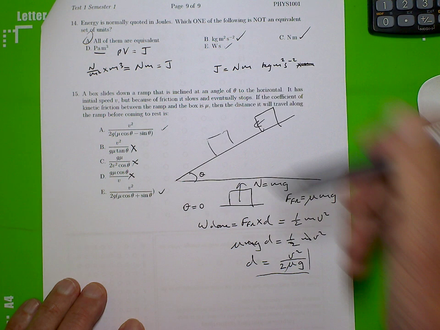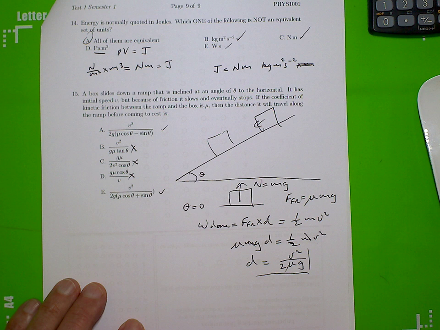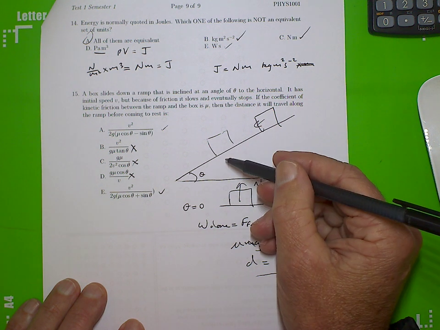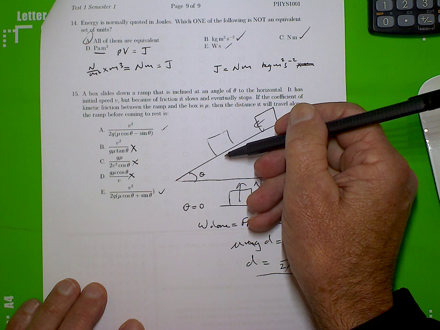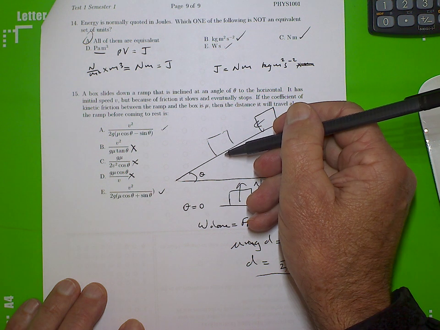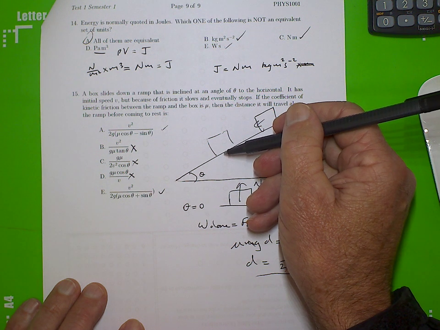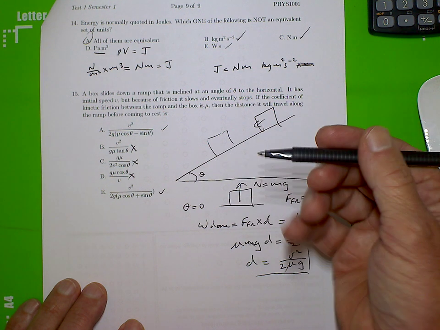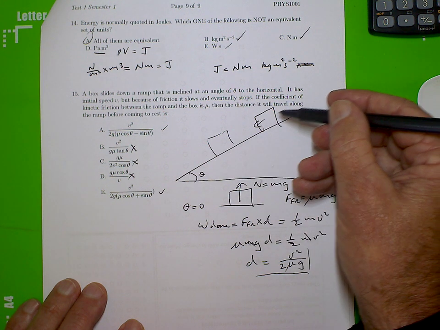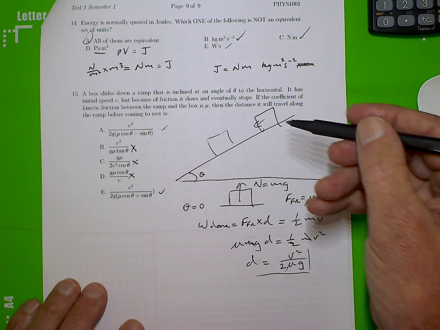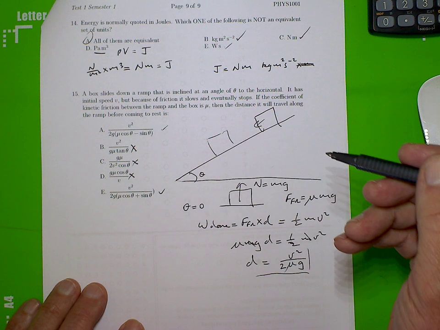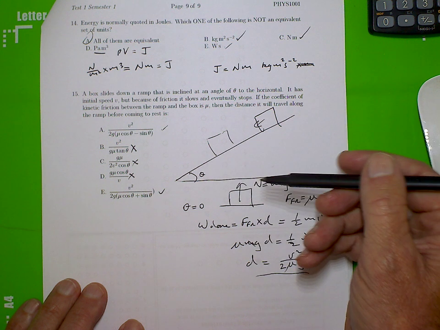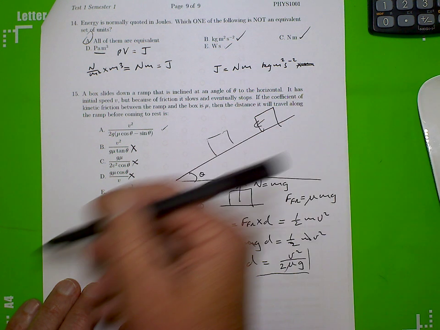And at some point, for a certain amount of friction, you should get a case where the stopping distance is infinite. Why? Because there's going to be a slope, provided the friction's not too big, where it'll just slide at constant speed. It'll never stop.